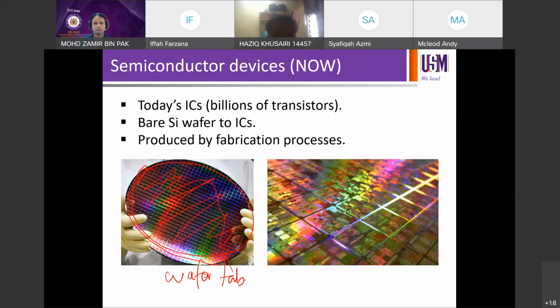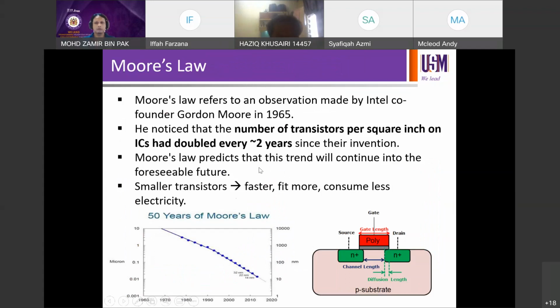Because running a fab is already super expensive. You cannot afford to do all the back end and front end together because it's simply too expensive. When you talk about the evolution of ICs or transistors, there's a law that we call Moore's law. It's not a law like a typical physics law, but more of an observation, though it's later called a law.